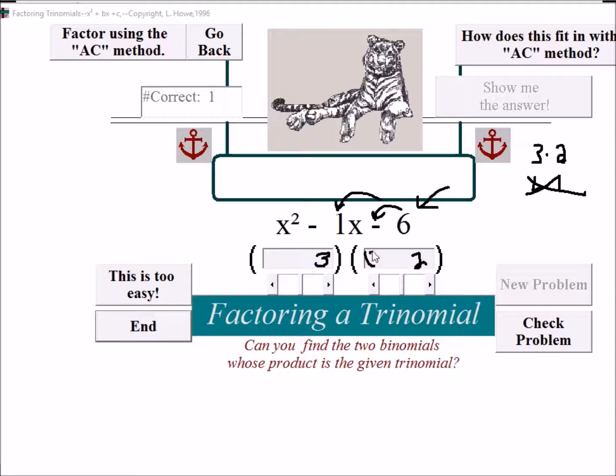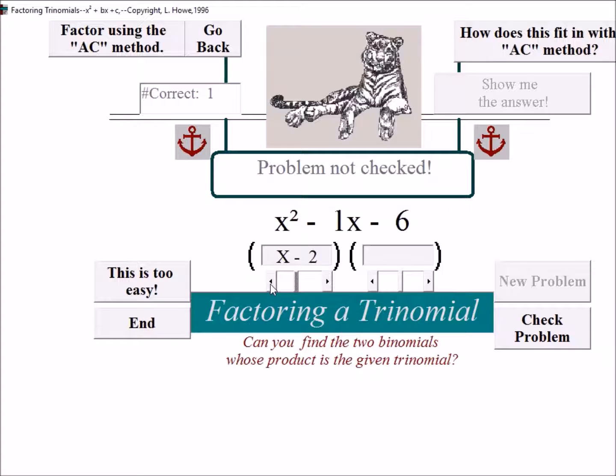And there has to be an x and an x. And this time, in the battle for the middle sign, the negatives have to win. So the number here with the strongest absolute value has to have the negative attached to it. That would be the 3. So we have x minus 3 and x plus 2. Easy, isn't it? x minus 3 and x plus 2. We're going to win again.